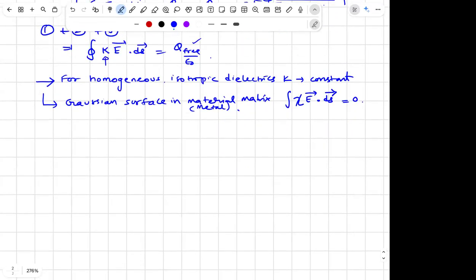Next important term. I think when I was writing Gauss law, I used this.